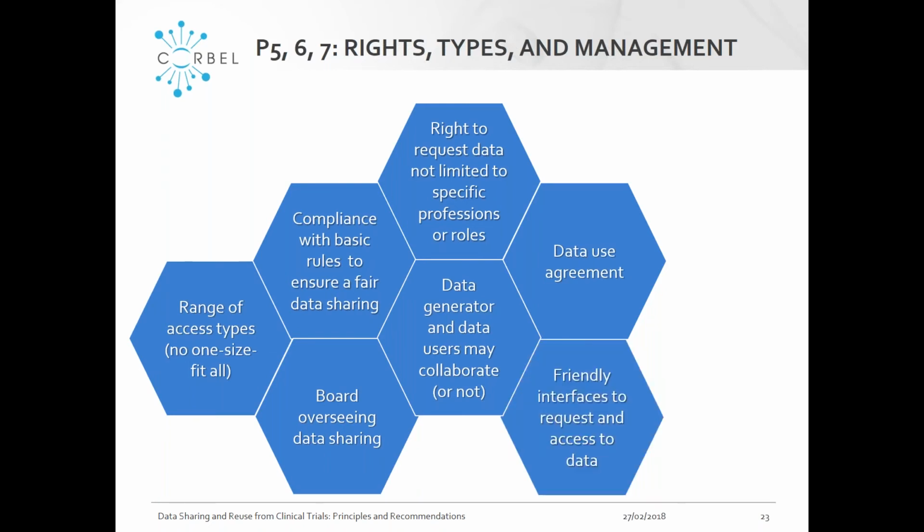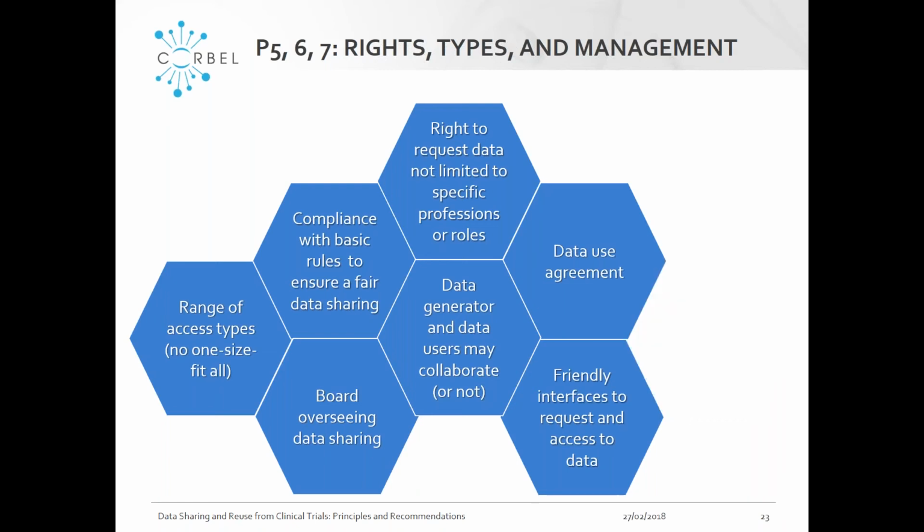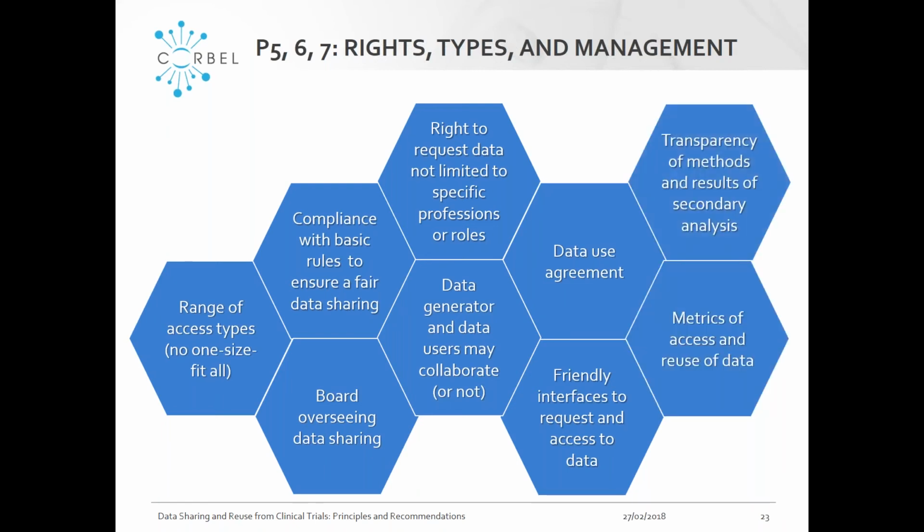Finally, friendly interfaces to request and access the data, and metrics to monitor the access and reuse of this data, can be very useful and provide much information about the process itself and possible gaps and barriers in the different models. The last part is about transparency of secondary analysis.